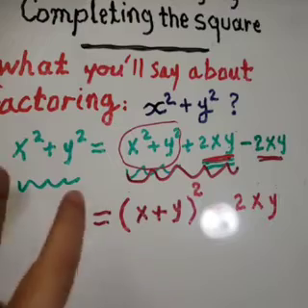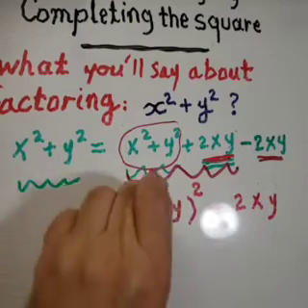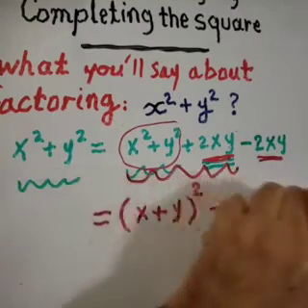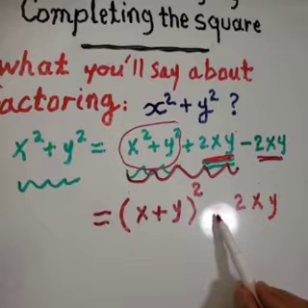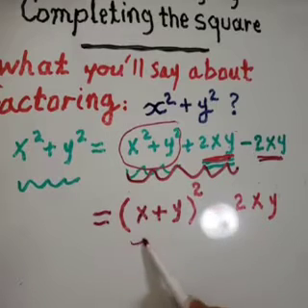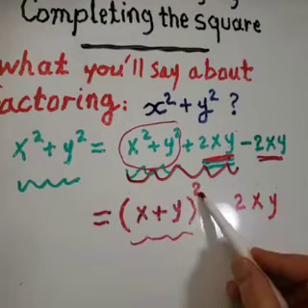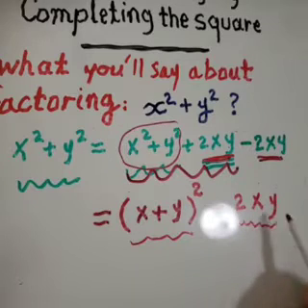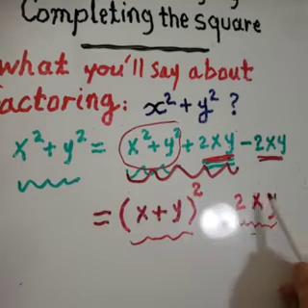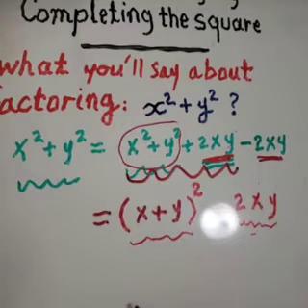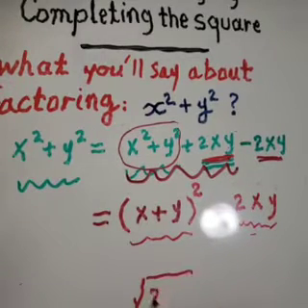As we wrote x squared plus y squared in this form, we can deal with it as a difference between two quantities. Here is the difference, here is the first quantity, which is squared, and this is the second quantity. We will consider it also as a square: the square of the square root of 2xy.